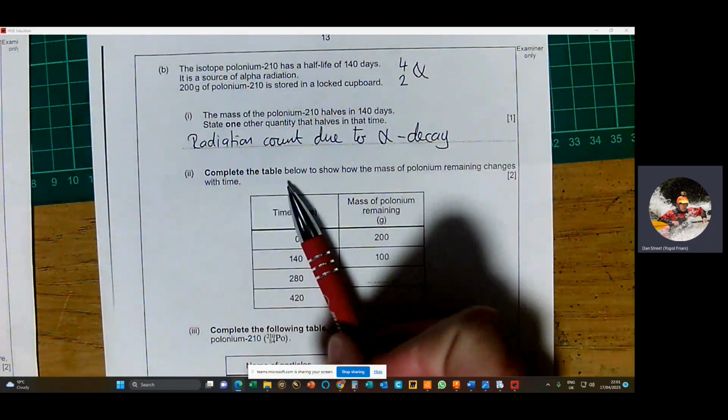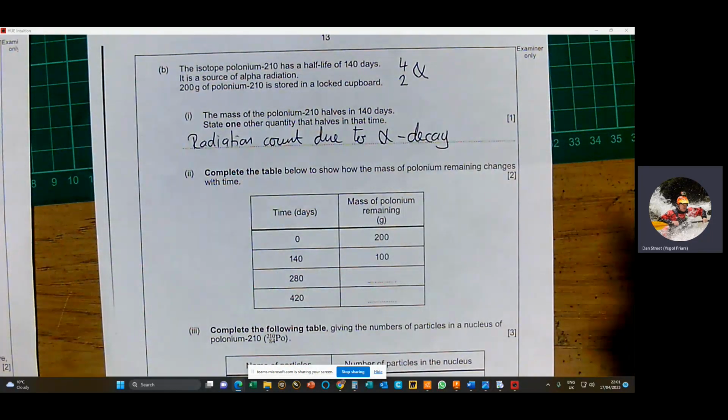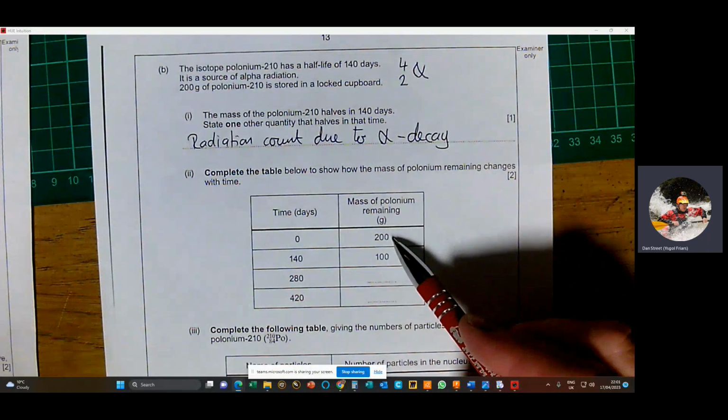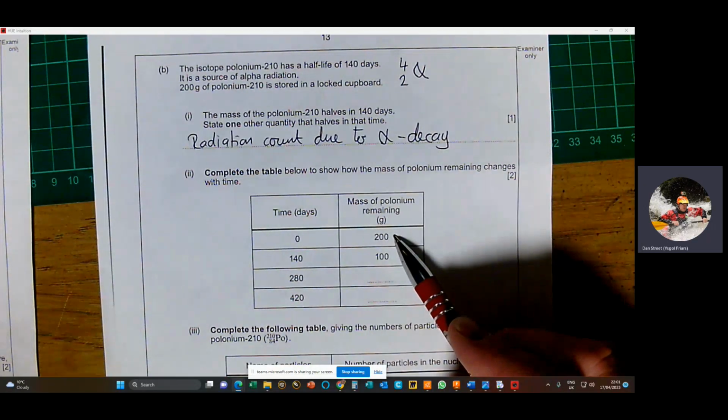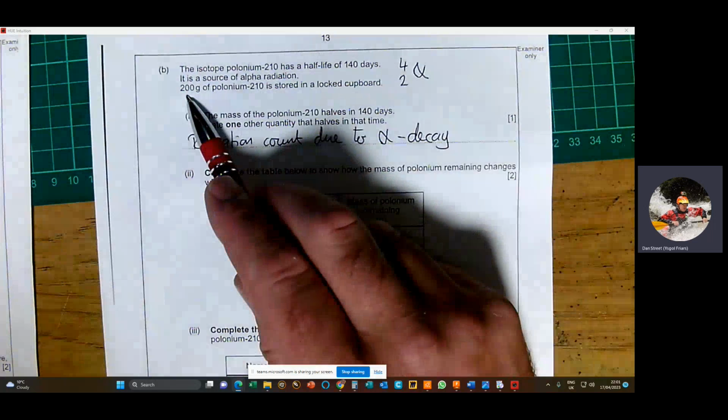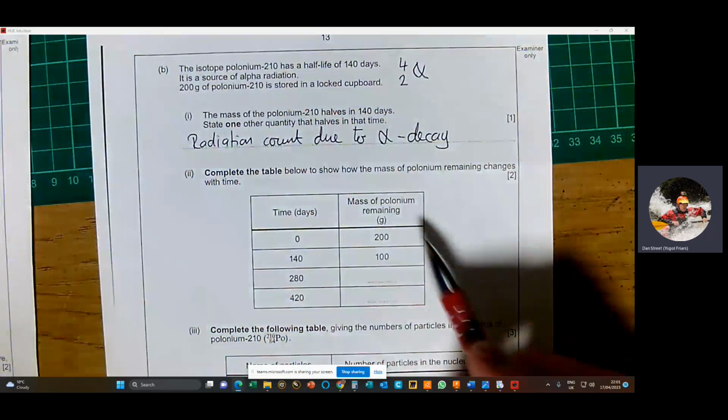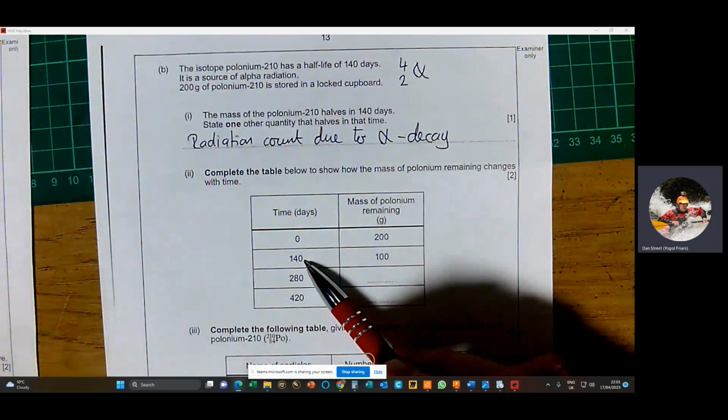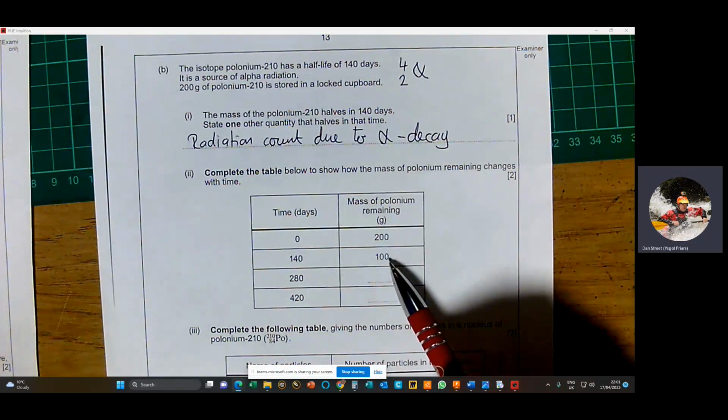So with that in mind, complete the table below to show how the mass of polonium remaining changes with time. So on day 0, 200 grams as described in the question. If you went back after 140 days, so about 6 months, you'd find there's only 100 grams of polonium left.